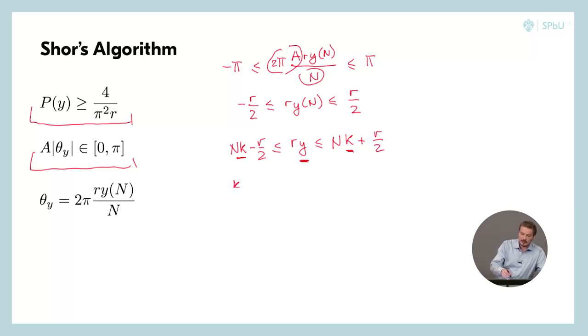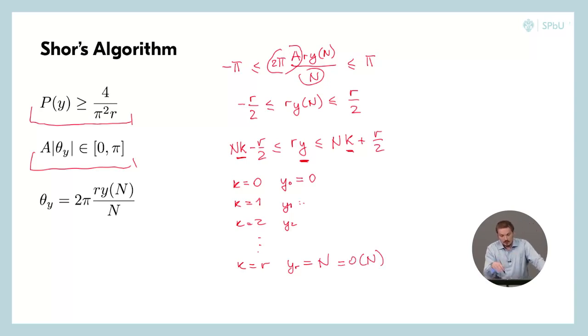So when k equals 0, we have y0, which itself equals 0. For k equal to 1, we get some y1. K equals to 2, we get y2, etc. And when k equals to r, we have yr equal to n, which is 0 modulo n. And we have to start over.